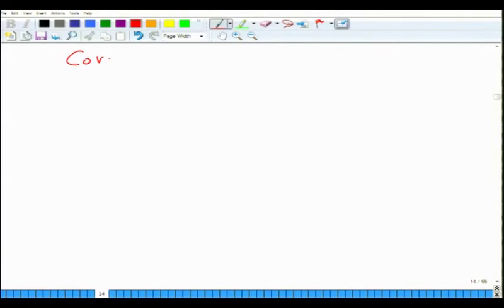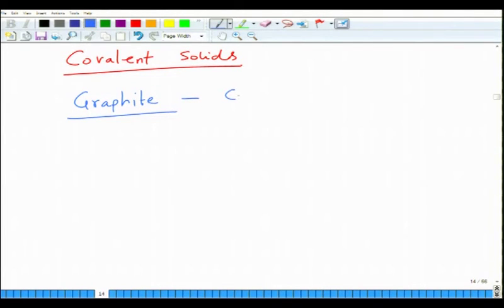So this is basically the basis of covalent bonding, based on the theoretical background. Now there are the covalent solids. When we come to materials, the covalent solids that we come across, we start with, for example, graphite. Graphite is a form of carbon.